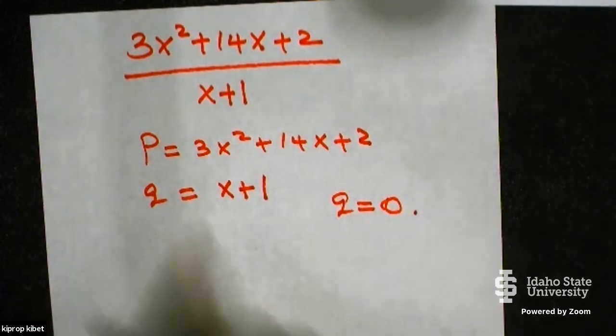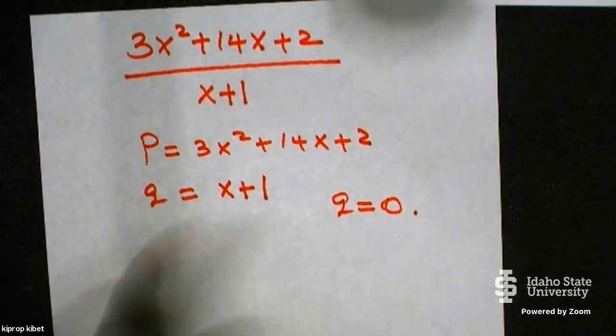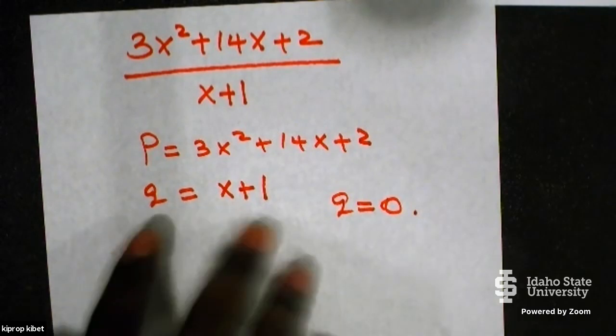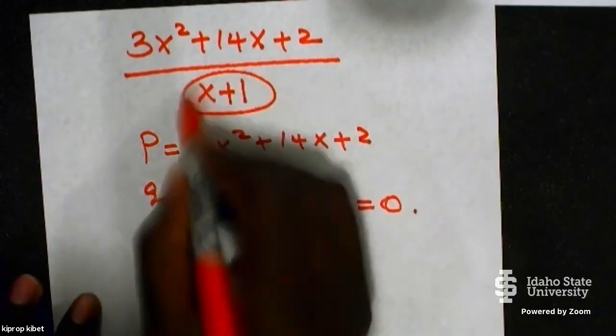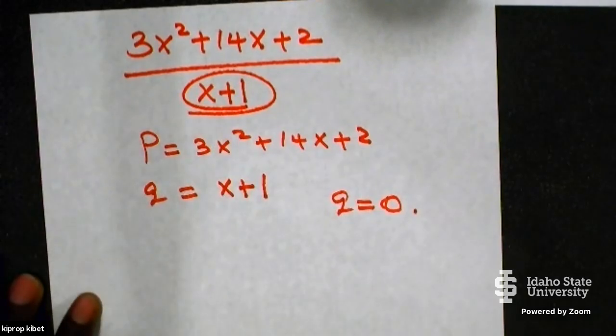Now, for Q to be equal to 0, what will you put there? That means you equate the denominator to 0.